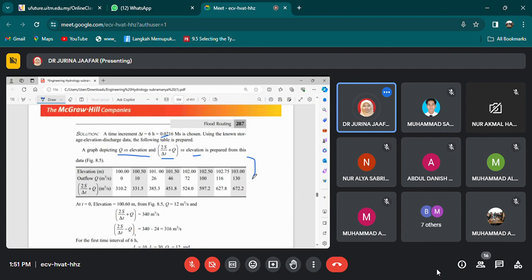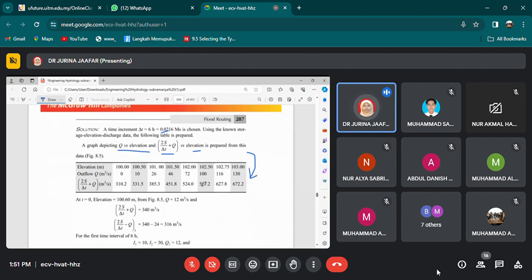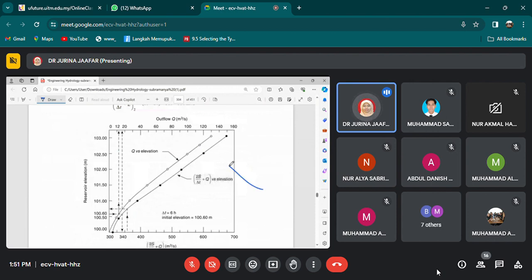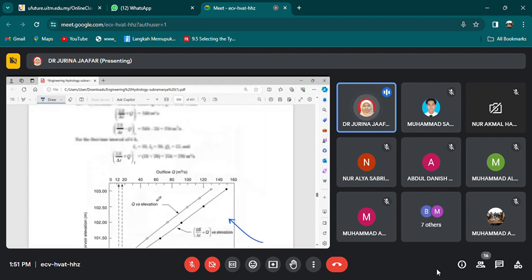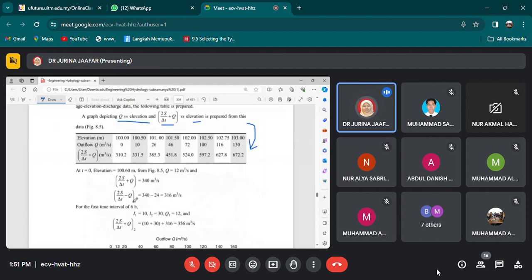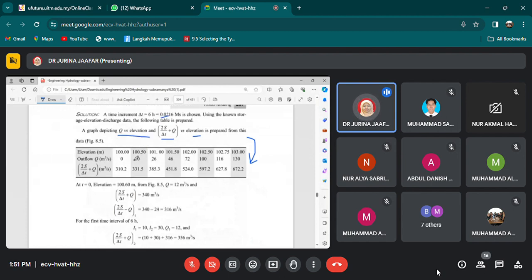Okay, maksudnya kalaulah graph ini tidak diberi, so we have to calculate lah. So calculate dia adalah elevation 100.5 outflow. Okay. So 2S over delta T plus Q dapat kat mana?